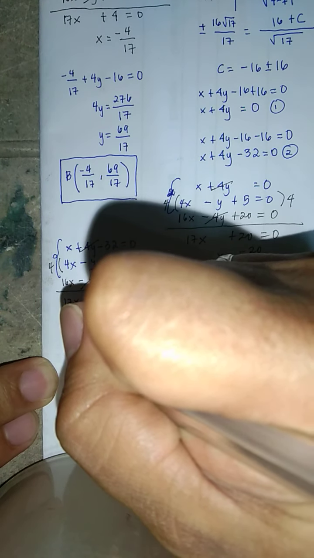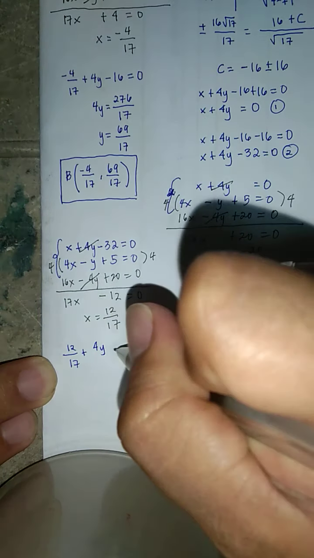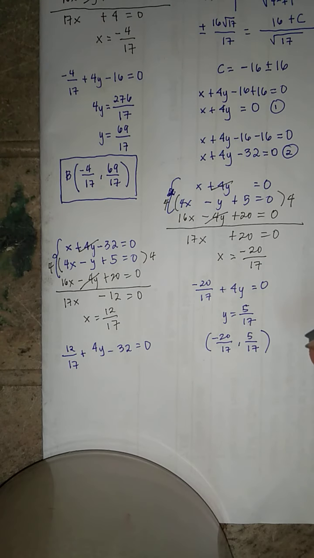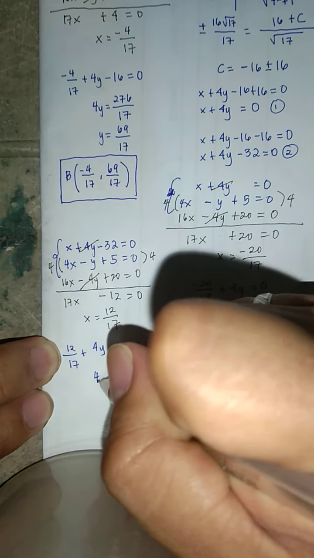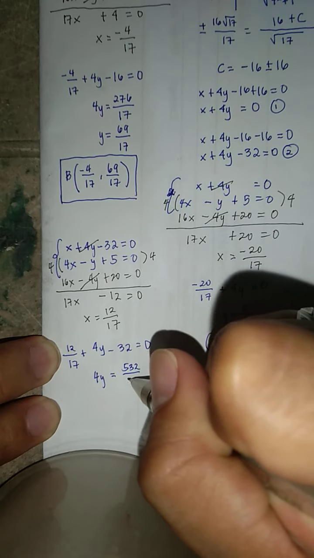You have 12 over 17 plus 4y minus 32 equals 0. So 12 over 17 minus 32 gives you 4y equivalent to 532 over 17.